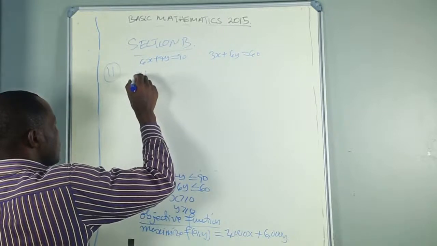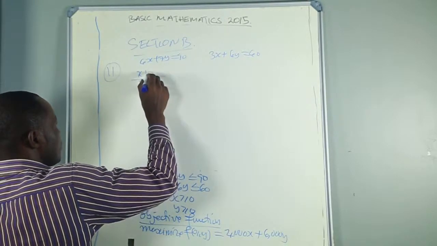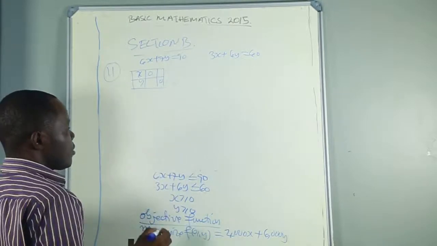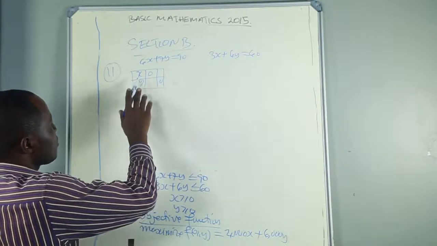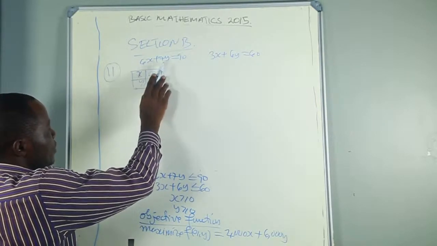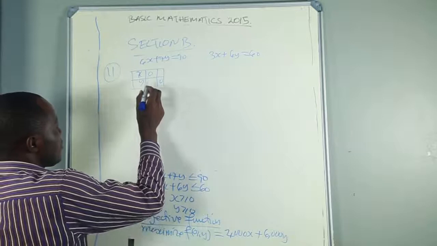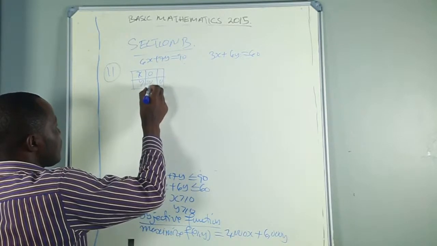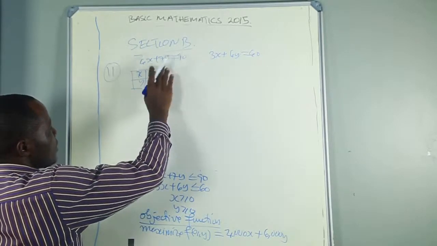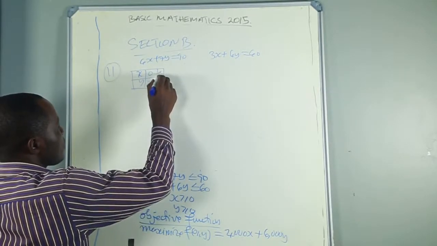We use the x and y intercepts. When x is equal to 0, y is 90 divided by 7. When y is 0, x is 90 divided by 6, which is 15.